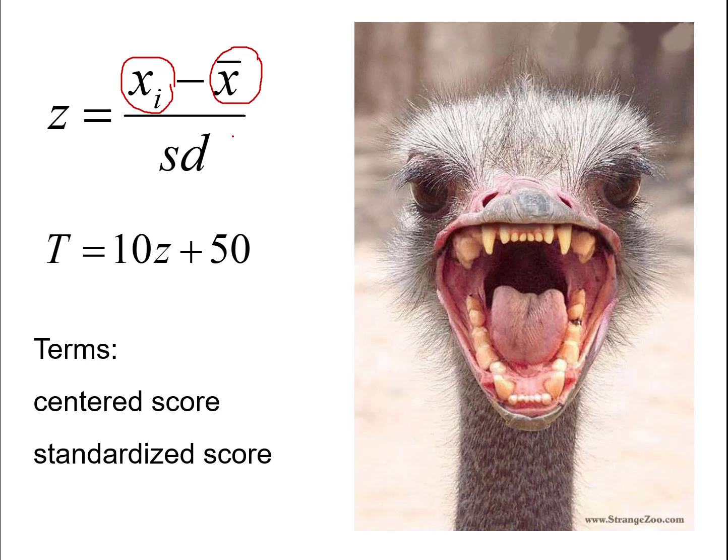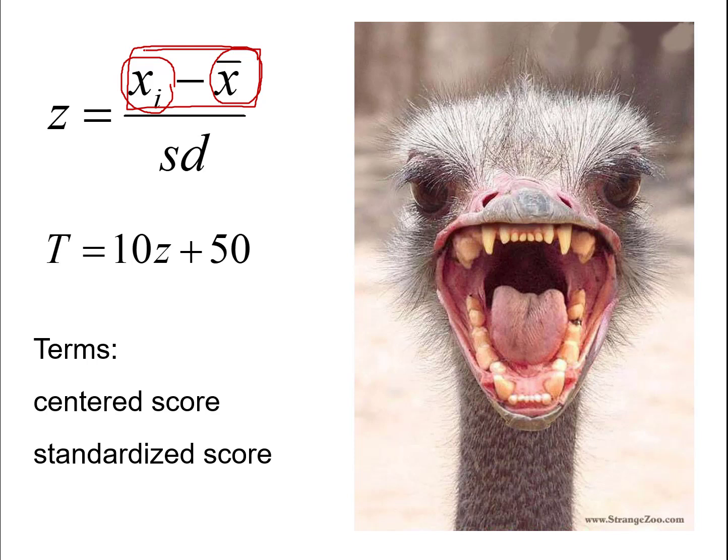The first step of calculating a standard deviation was to subtract the mean from everybody's score. And recall at that point, I called those error scores or deviation scores. They told us how far each person deviated from the mean, or the amount of error that we made when we used the mean to predict that person's score. And we're doing the same thing here. We're subtracting the mean from everybody's score.